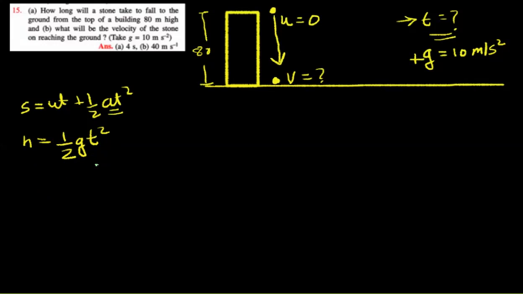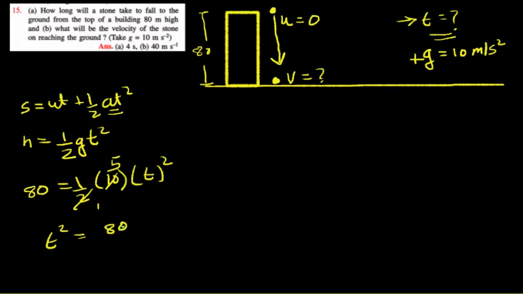So let's find t from here. The height given to us is 80 meters, equals half into gravity, which is 10, multiplied by t square. 2 ones are 2, 2 fives are 10. So t square equals 80 divided by 5, which is 16.